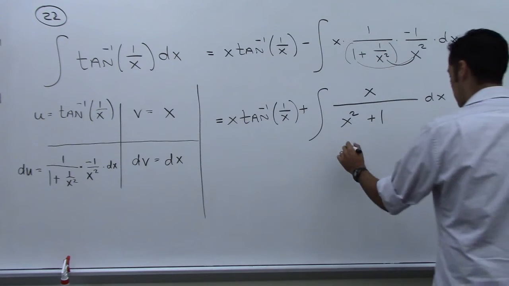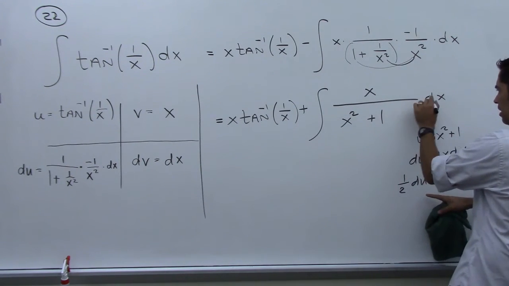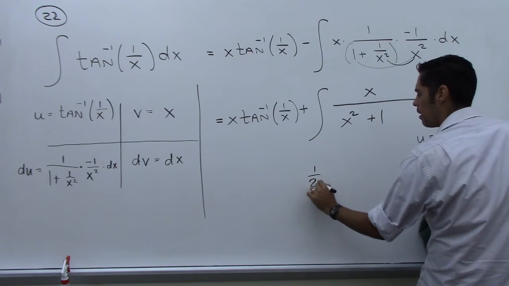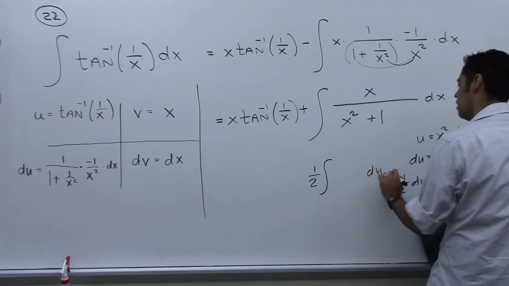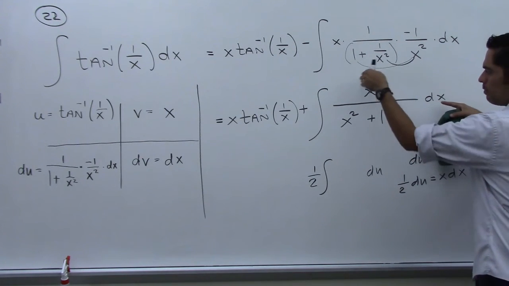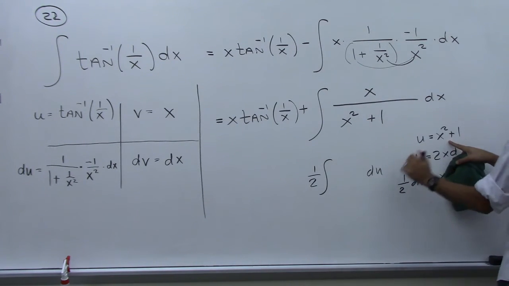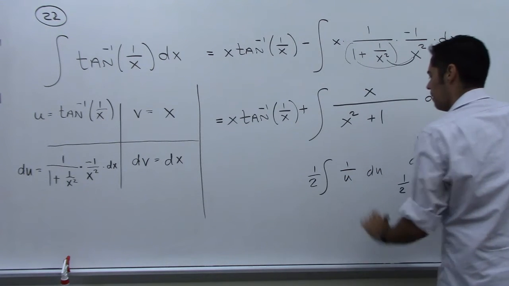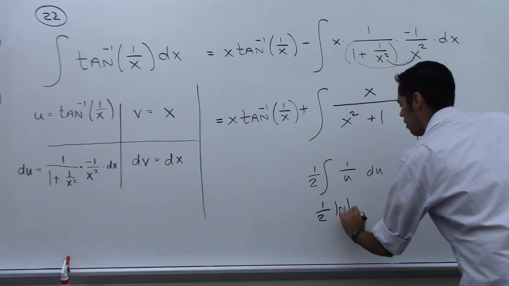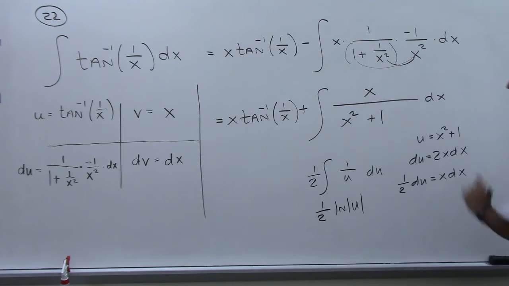So this integral becomes, the x dx is 1/2 du, so this is going to be 1/2 the integral of du. And then the x dx is gone. I have a 1 over this, but that's u, so this is just 1 over u. And the antiderivative of this is natural log absolute value of u plus a constant. So u is this, I'll put that in here.